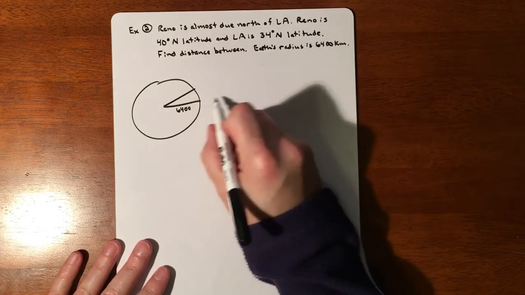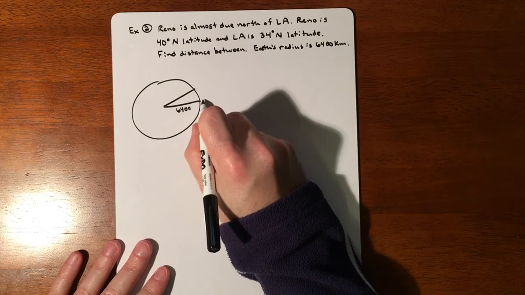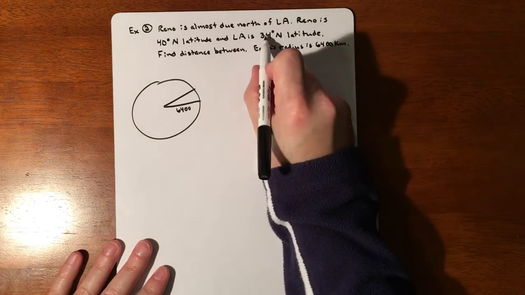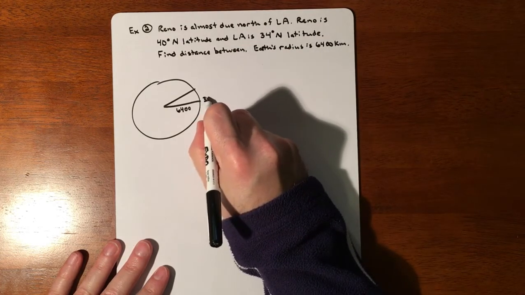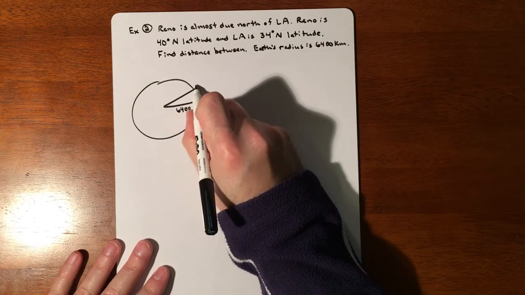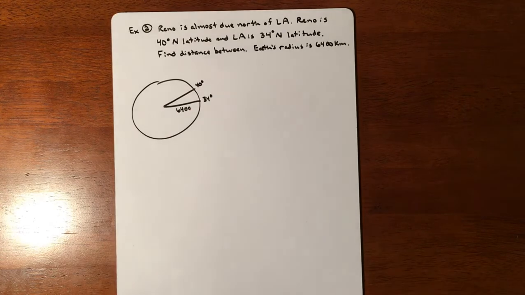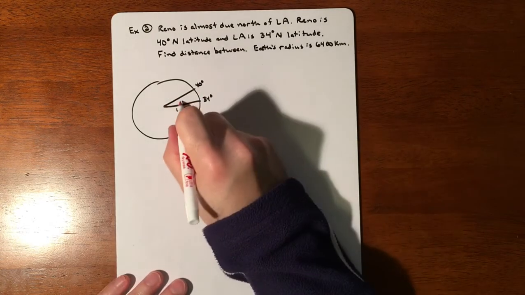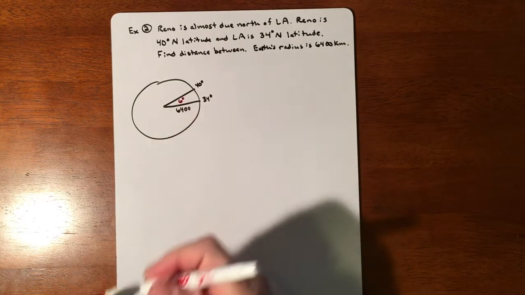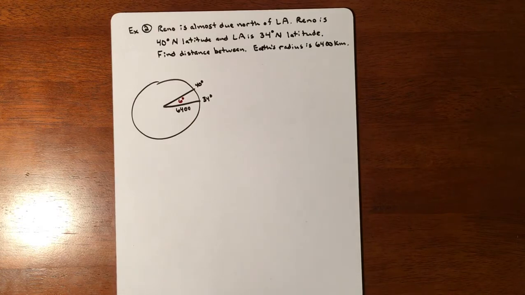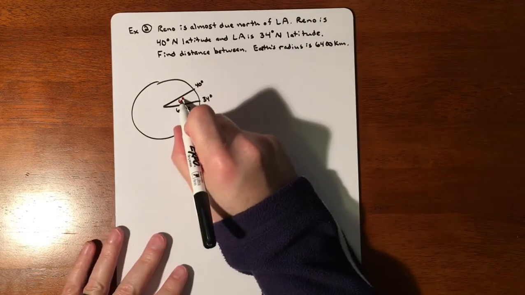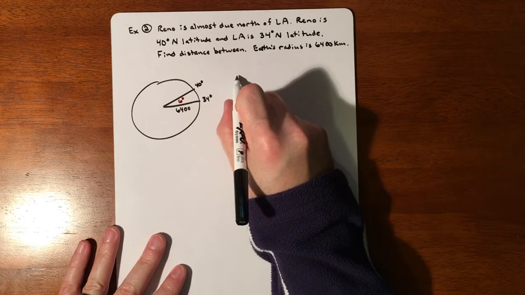We need to know that LA is at 34 degrees and Reno is at 40 degrees. That puts the difference between them at 6 degrees. So that is our measurement. That is our angle.